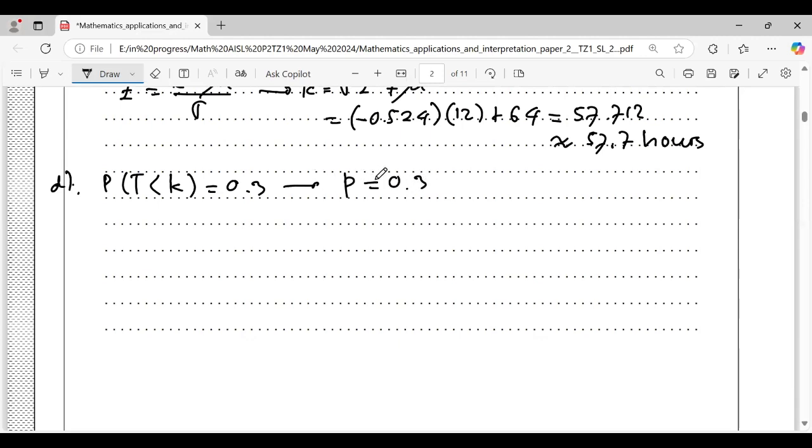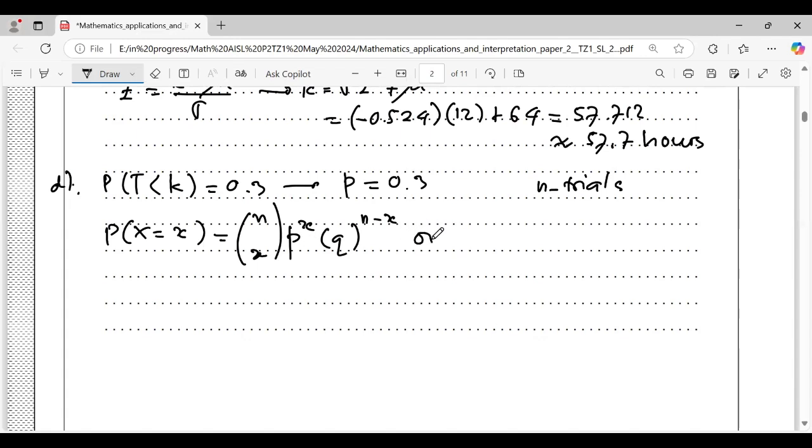The formula for the probability of exactly x successes in n trials in a binomial distribution is this one: the combination of n and x, p to the x, q to the n minus x. I think you are familiar with this formula. q is 1 minus p.